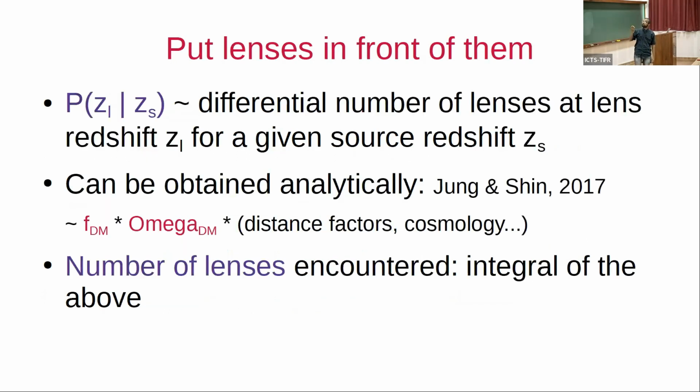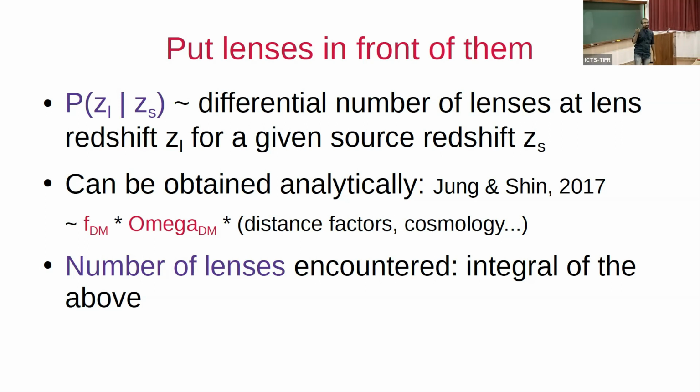And the next step is to put lenses in front of these binaries. So you basically have binaries at some distances from you. Based on how far they are, there will be a probability of encountering lenses till them. If they are very close, they won't encounter any lenses before reaching you. So there will be a probability of a lens redshift given a source redshift. And this will give you the differential number of lenses at a particular lens redshift.